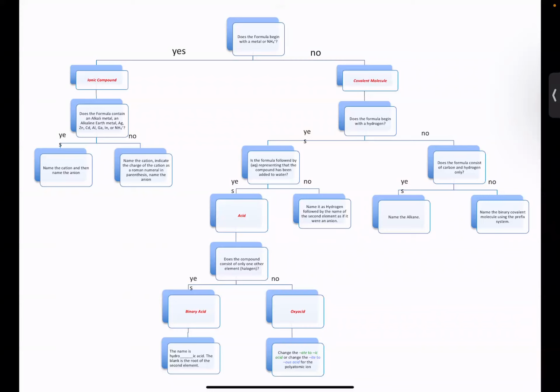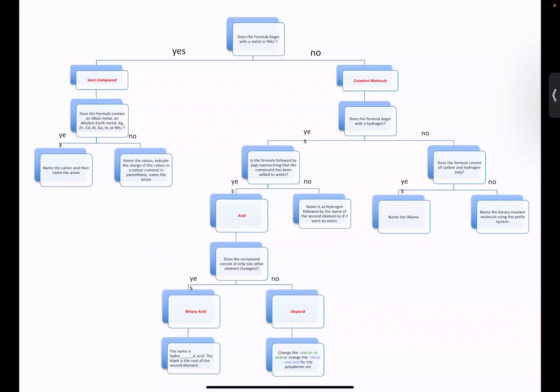If up here, it says, does it begin with hydrogen, you said no. The question is, is it carbon and hydrogen only? Then it's probably going to be an alkane. If it's not, then it's going to be something else.